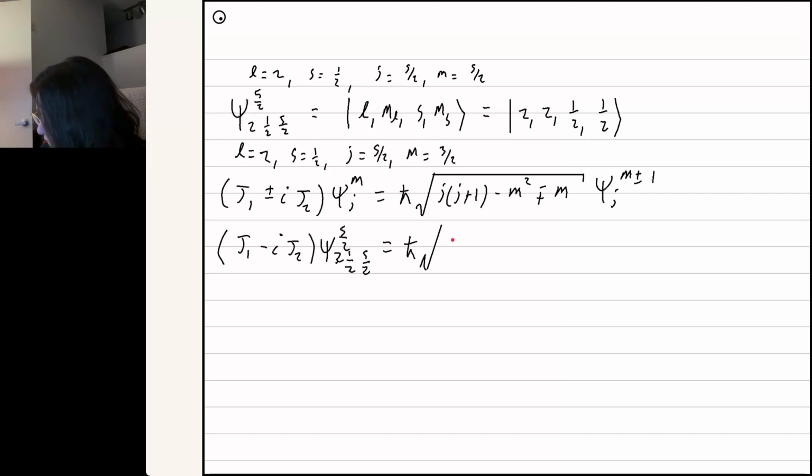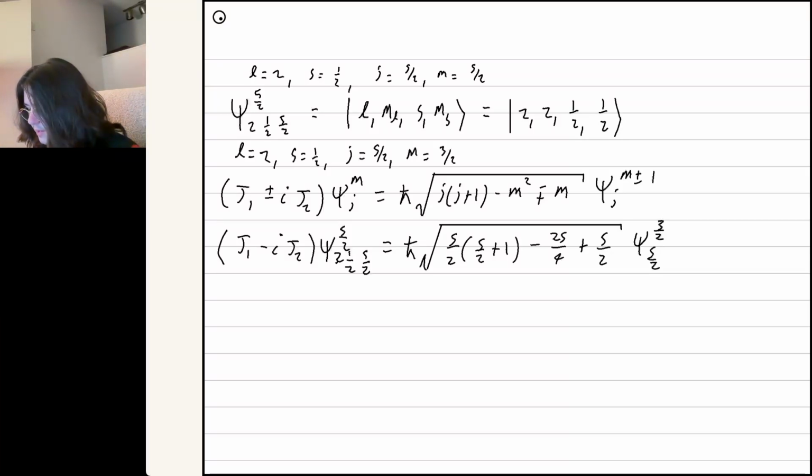J is still 5 halves, so it's going to be 5 halves times 5 halves plus 1. M is 5 halves, so we're going to do 25 over 4 minus, this will be plus 5 halves. And then over here we'll end up with the m equals 3 halves state. So we'll have 5 halves there, 3 halves there.